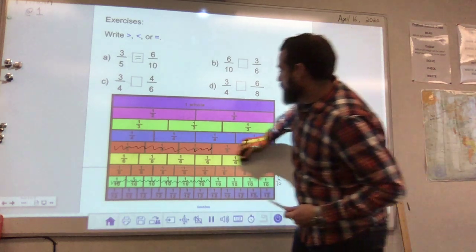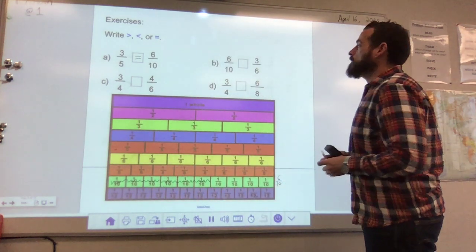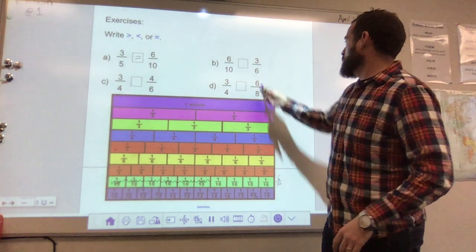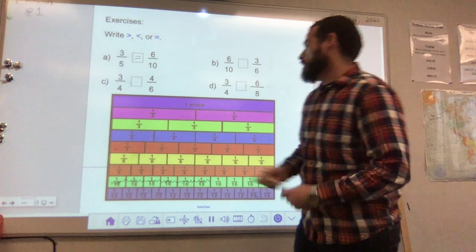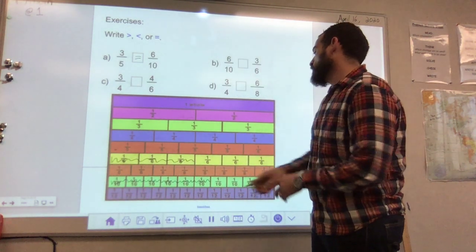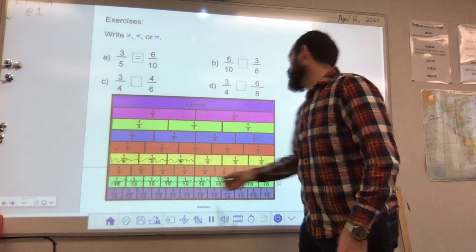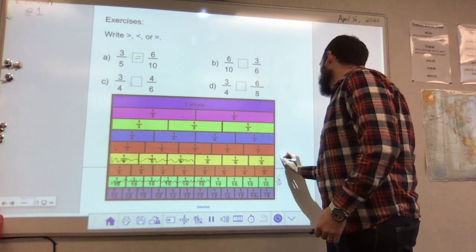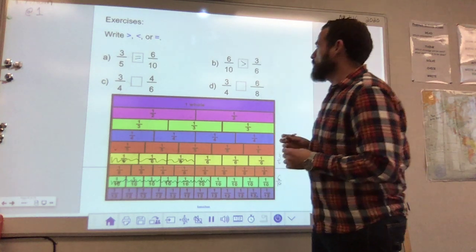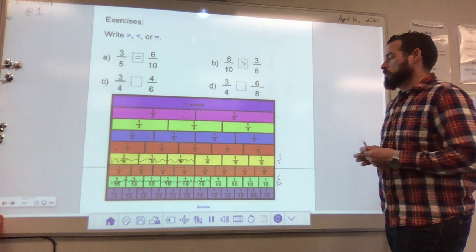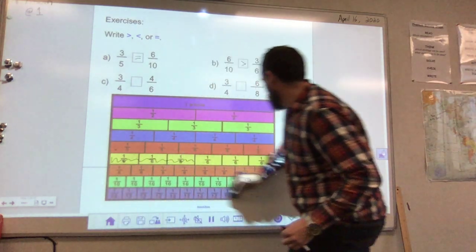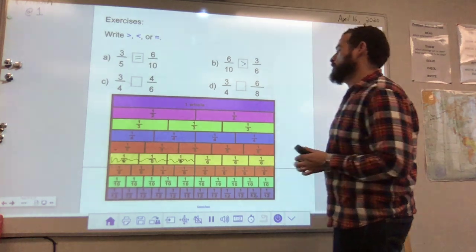Now my second one has 6/10 again, but now I've got 3/6. So I look for my 6ths because of my denominator. I can color in 3 of those. Now though, I see we've got more shaded in down in the tenths. So 6/10 is greater than 3/6. For the next one, now I've got 3/4.